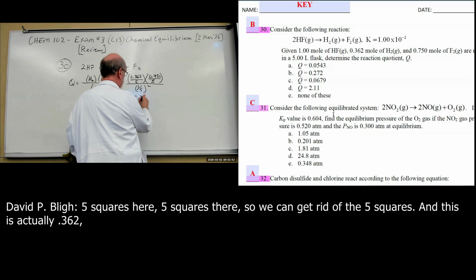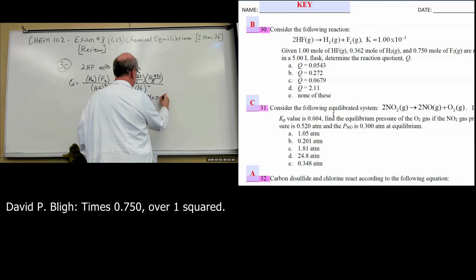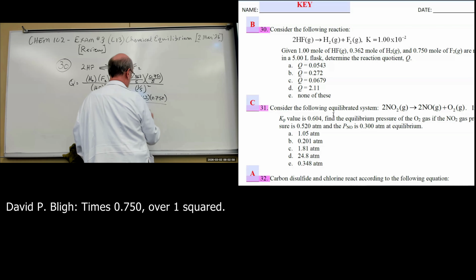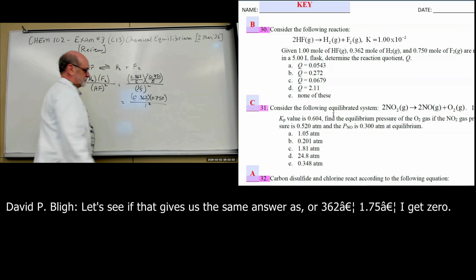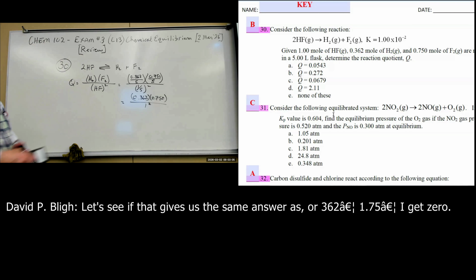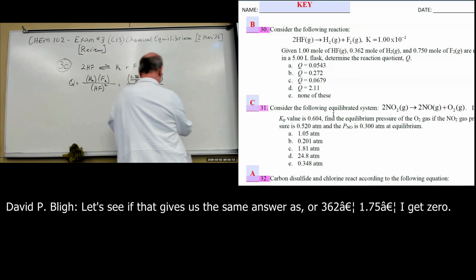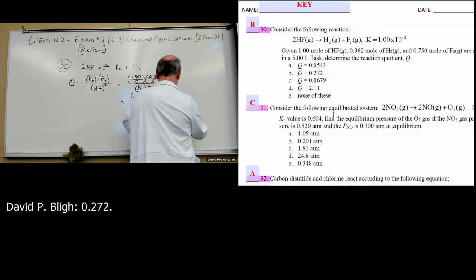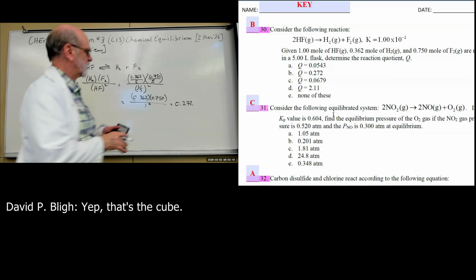And this is actually 0.362 times 0.750 over 1 squared. Let's see if that gives us the same answer. I get 0.272. Yep, that's the Q.